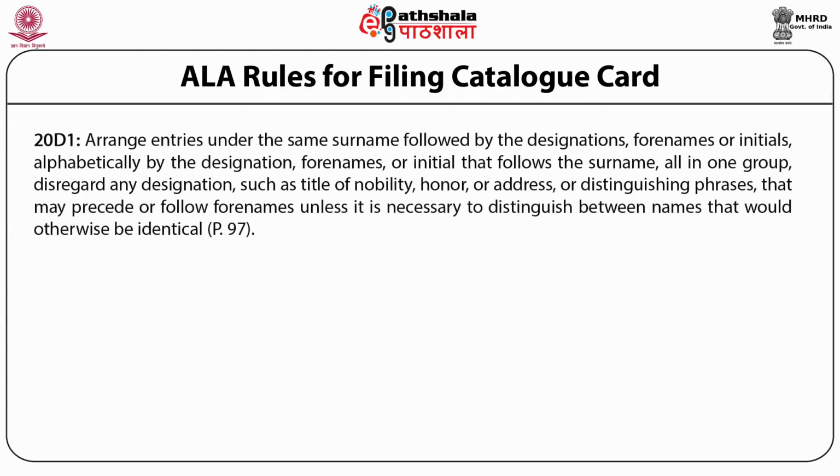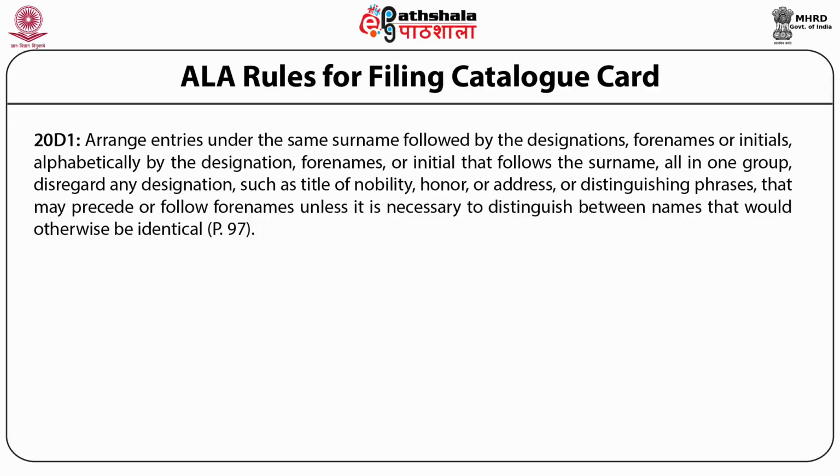Rule number 20D1. Arrange entries under the same surname followed by the designation, forenames or initials, alphabetically by the designation, forenames, or initial that follows the surname, all in one group.